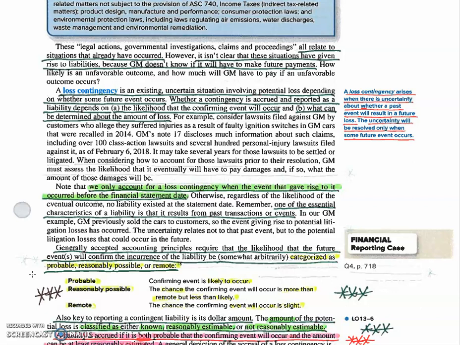Now, let's say next year, we estimate it, and let's say we go to the high end and we think it's in a range of 200 to 300,000. If we were to record the $300,000 liability, and then we settle it for $220,000 next year, how would we record that?